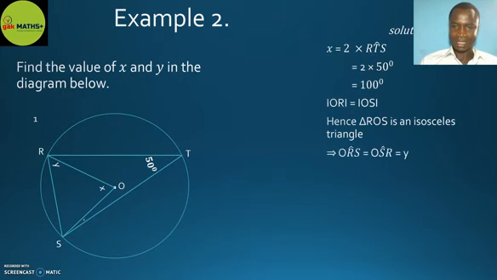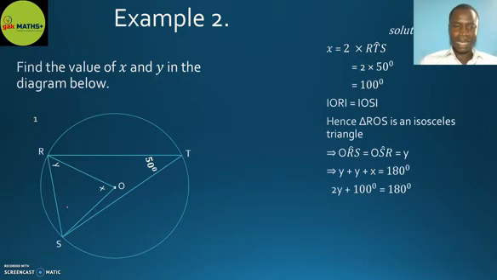So we can say that the angle subtended at R, that is angle ORS, is equal to angle OSR. That is equal to y. So the angle subtended here in the diagram is also y, because the triangle SOR is an isosceles triangle.